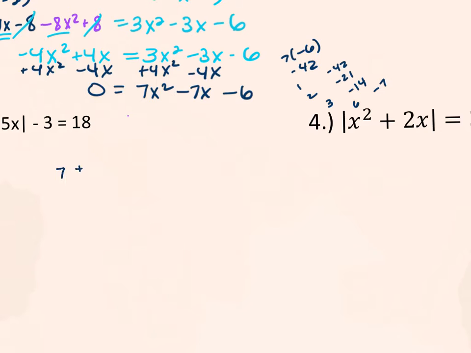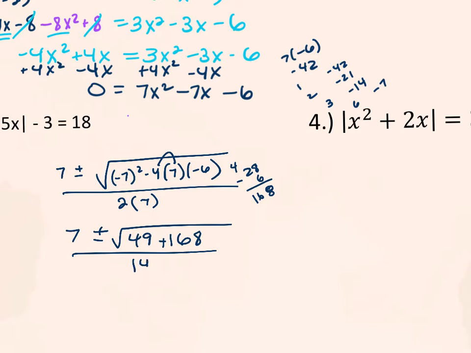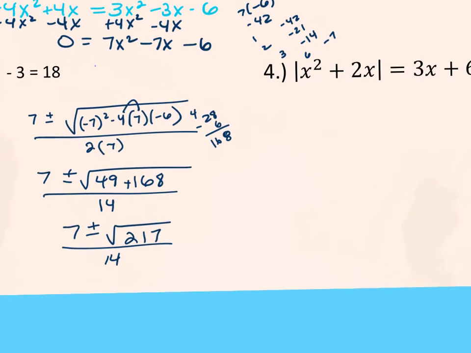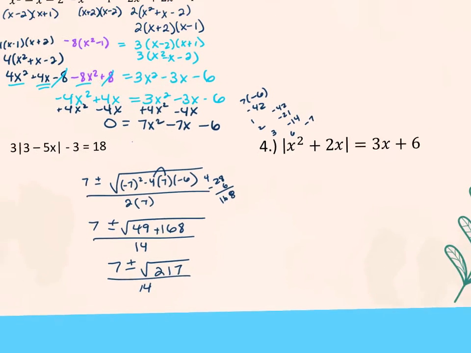So negative b plus or minus the square root of b squared minus 4 times a times c, all over 2 times a. 7 plus or minus the square root of 49 minus, this is 28, negative 28 times 6, 48, 168, so negative plus negative 168 over 14. 217 over 14. 217, it's not divisible by 2, it's not divisible by 3, so that would be my solution.